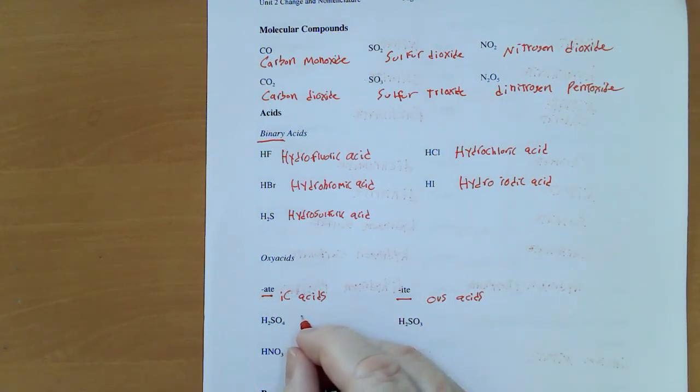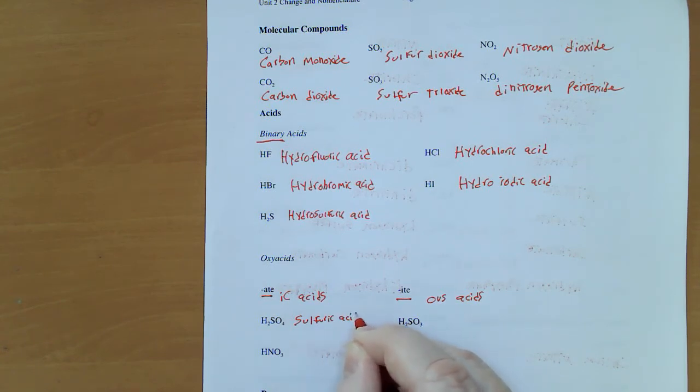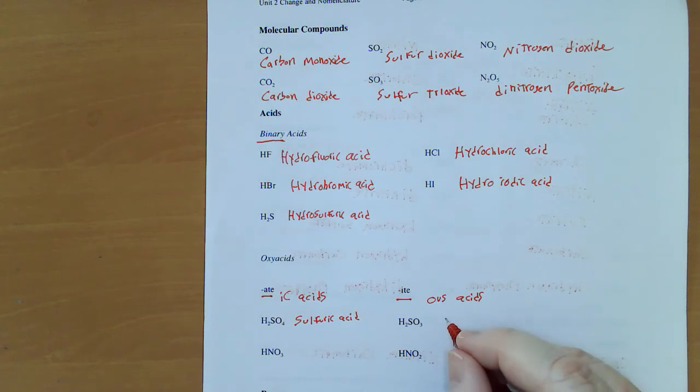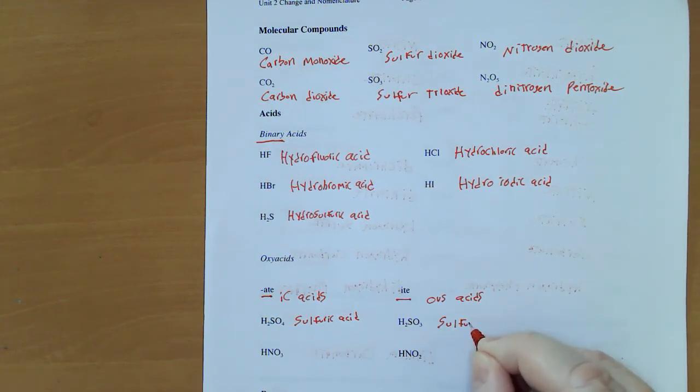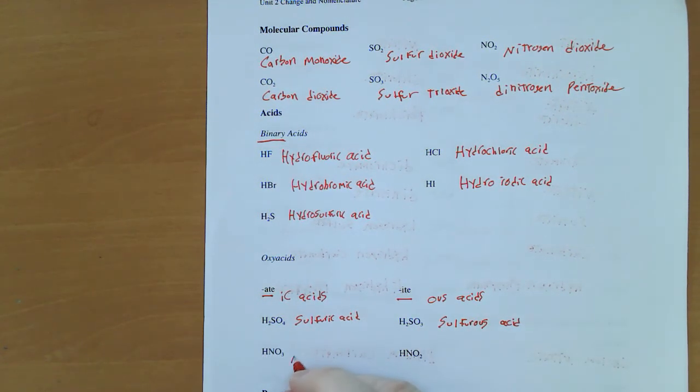So this is sulfuric acid, because that's sulfate, and this is sulfurous acid, because that's from the sulfite ion. This is nitric acid, because it's the nitrate ion, and this is nitrous acid, because it's from the nitrite ion.